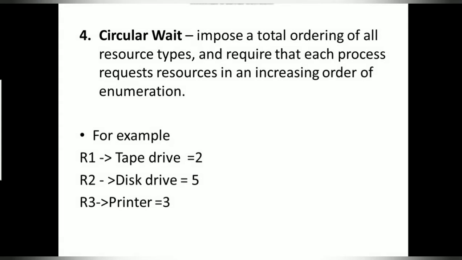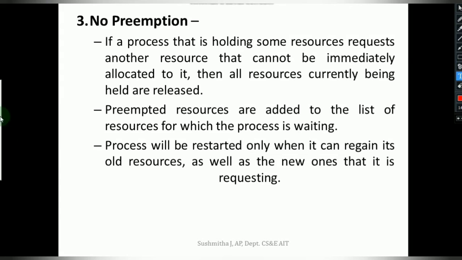Now if I have to put it across, say there is process P1, and let me take the resources A, B, C, D. Process P1 has the resource A. Now if process P1 wants the resources B and C, and if B and C are currently not available, so it has to wait, then we preempt A also.